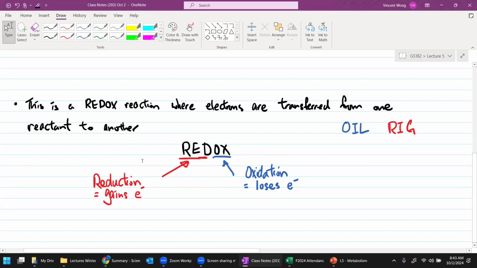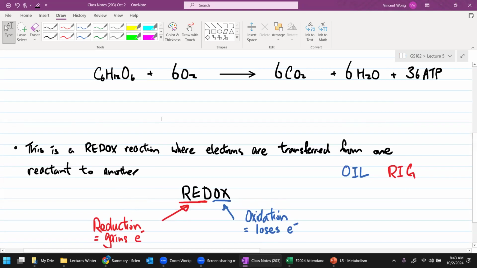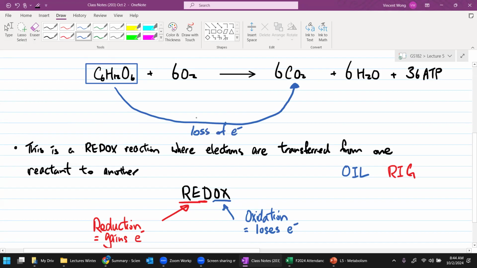So let's go back to our overall cellular respiration equation here. What happens is we essentially will be oxidizing glucose. Okay, so glucose will be oxidized into carbon dioxide. So this is loss of electron, oxidation. We will be removing high energy electrons from the glucose.